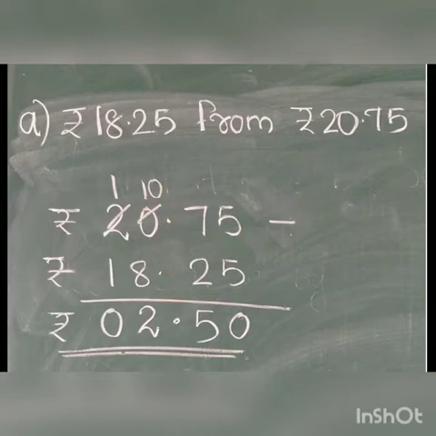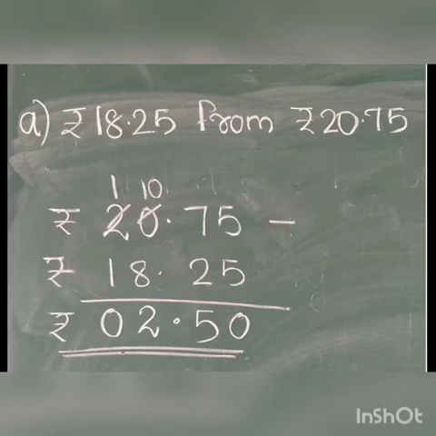That is the only difference. If both the numbers are decimal numbers, you will not make a mistake, you will write it correctly. But in the other case, you make mistakes. So going back to the subtraction, writing the numbers, first arrange the numbers in order: 20.75 minus 18.25.